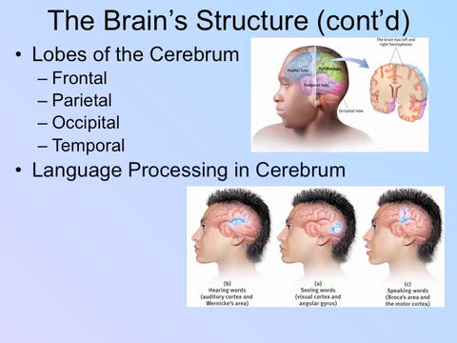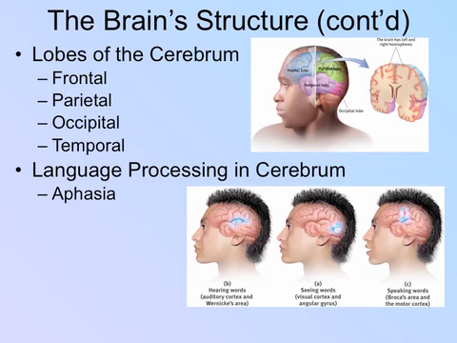Okay, a good example of these association areas can be looked at when we talk about language processing. How do you read a language, write a language, speak a language? And so we can talk about how we've learned all of this through cases where people have suffered from aphasia, which is just an impairment of language.